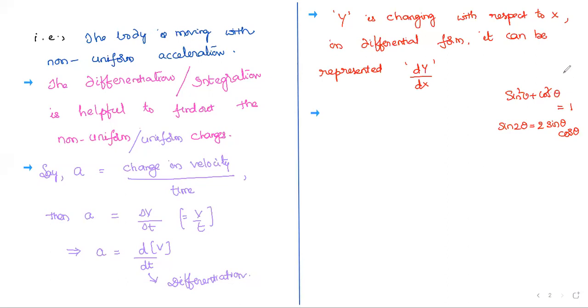In the same way, they gave a few formulae in differentiation. Those formulae I am not discussing all, I am just providing the few which are useful for our physics.